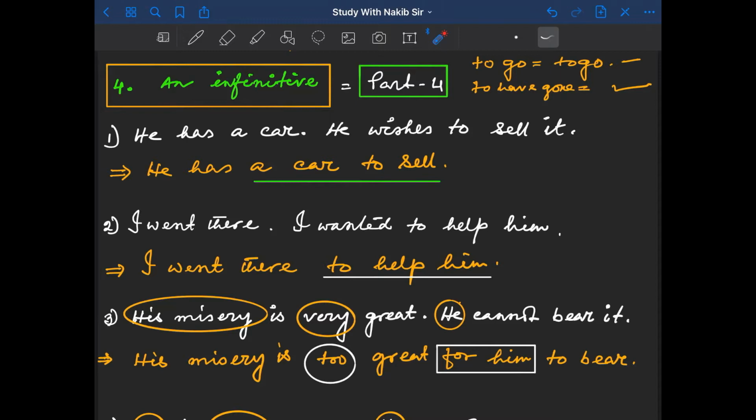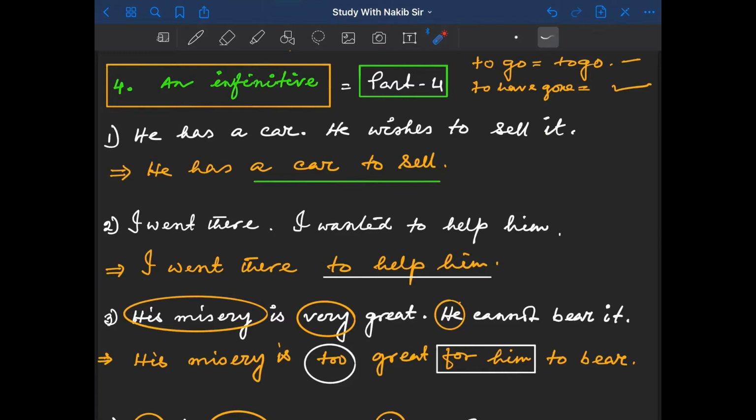Remember this. This is gerundial infinitive, the qualifying infinitive.